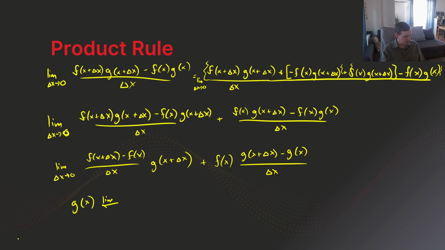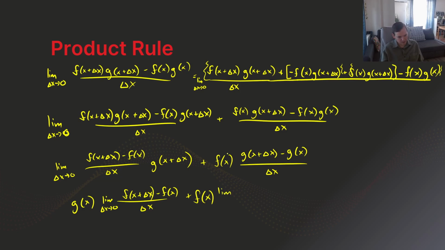as, let me just undo that. So I'm going to write that a little bit neater. Limit as delta x approaches 0 of f of x plus delta x minus f of x over delta x plus f of x times the limit.